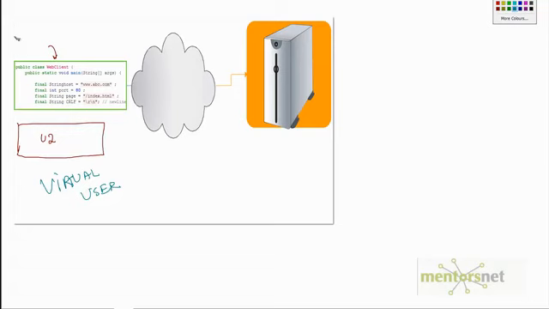Once we create it, this can be done as a Java thread, and we can have thousands, even millions of threads executing different commands, and so do a real life simulation. We do not need the real user anymore, and this is what I meant by a load generation tool.